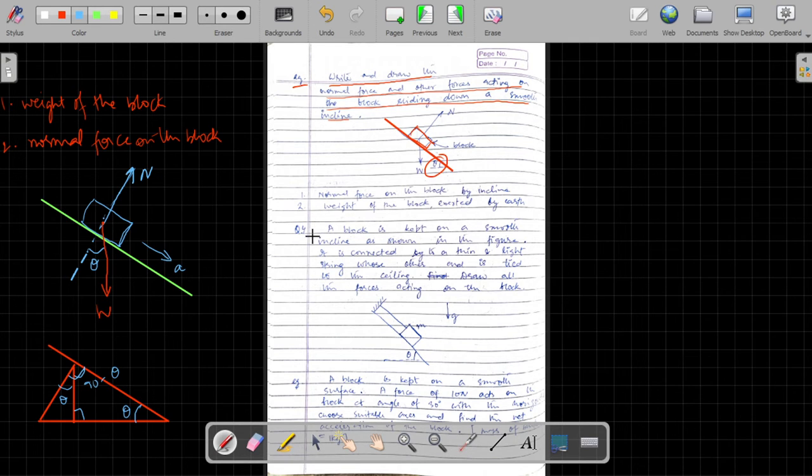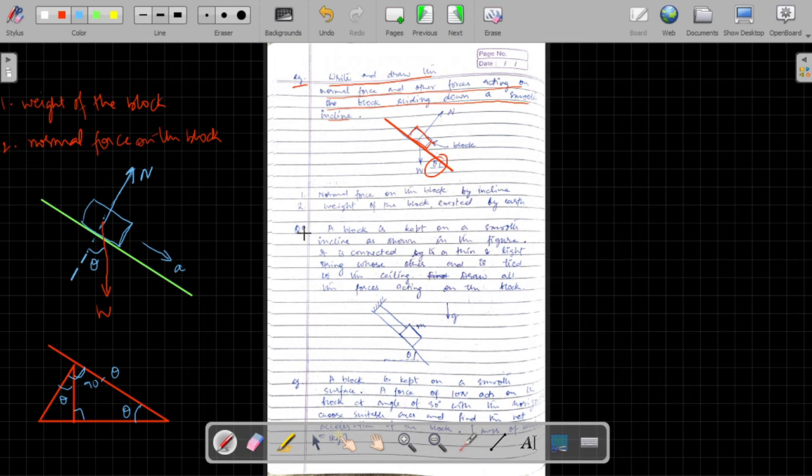Always in doing such questions, when there is a block and an incline, or more than one block kept on an incline, what we have to learn is that we have to take the axis along the incline and perpendicular to the incline.